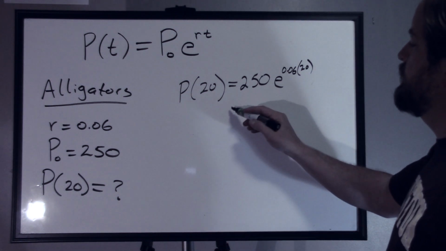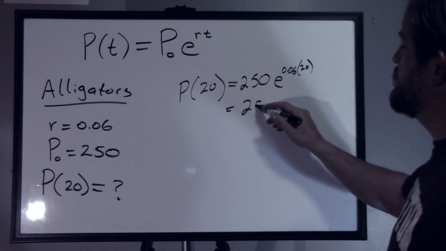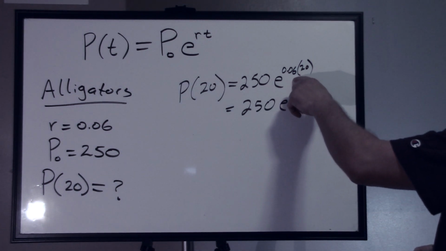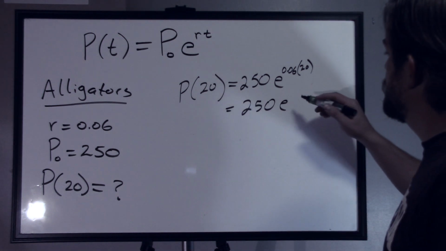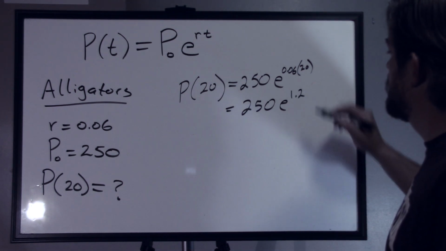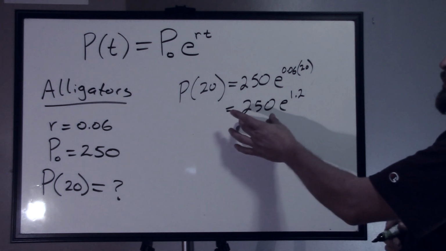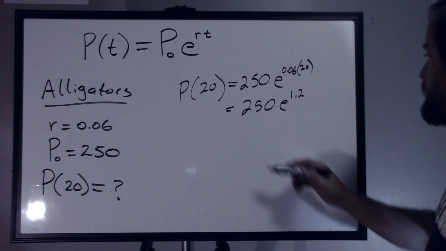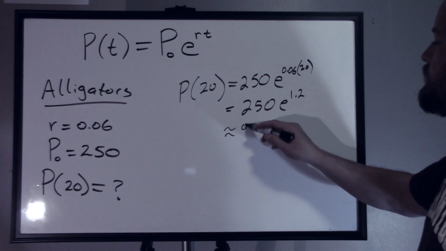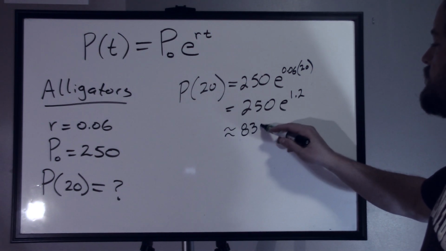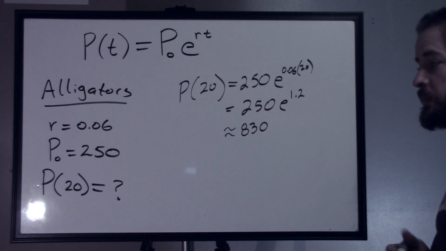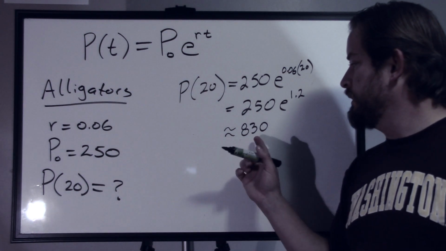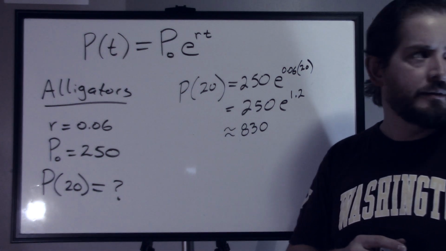But you can make your life a little bit easier. I can write this as 250 e to the 0.06 times 20. That gives you 1.2. And if I multiply all of this out, 250 times e to the 1.2, throw it in your calculator, you should get somewhere around 830. So in 20 years, our population of alligators has gone from 250 to 830.